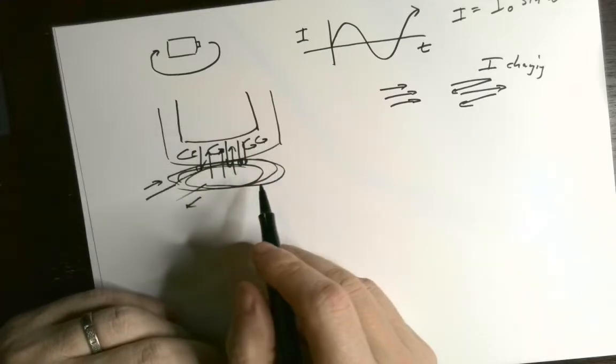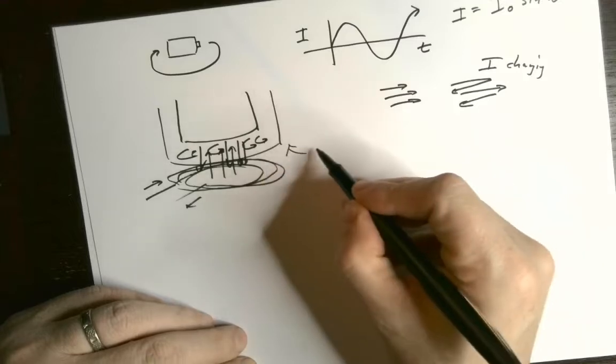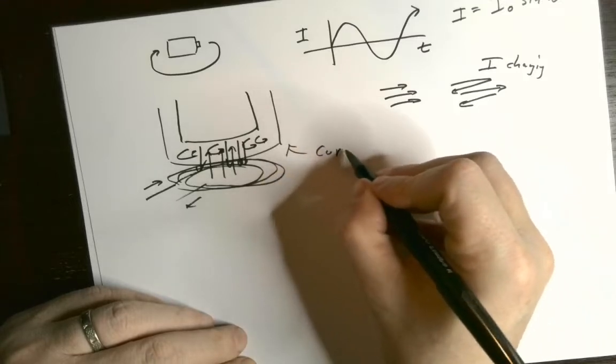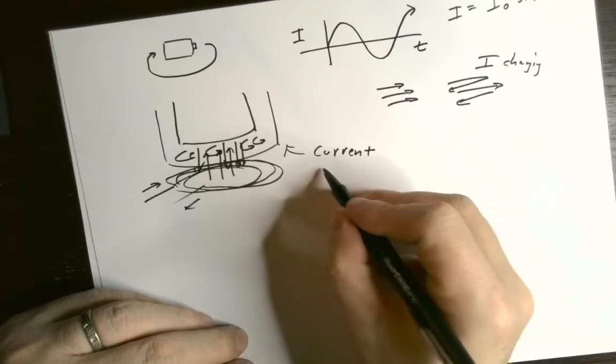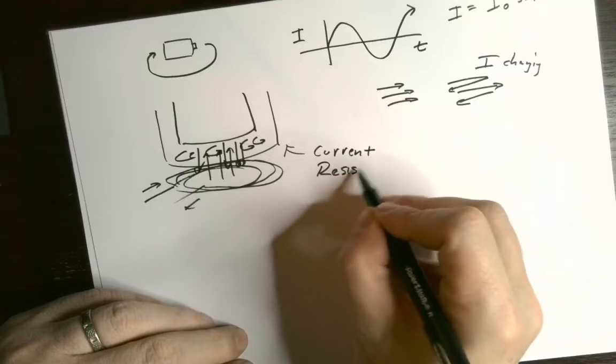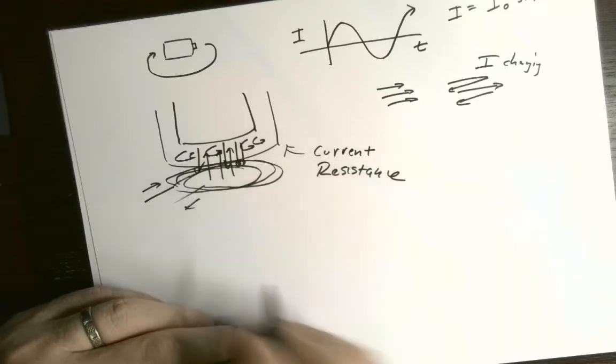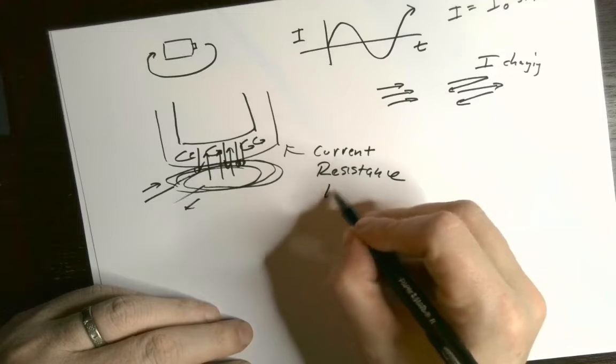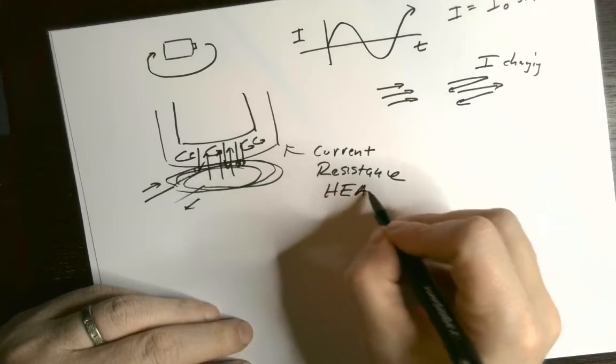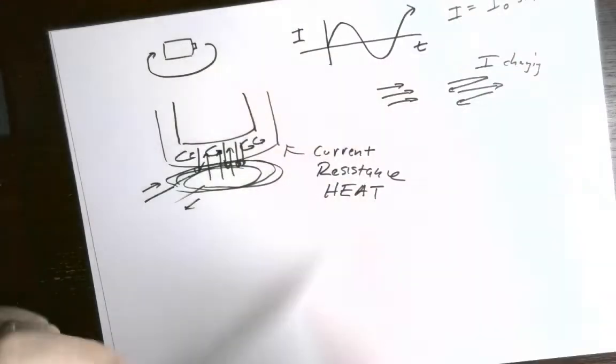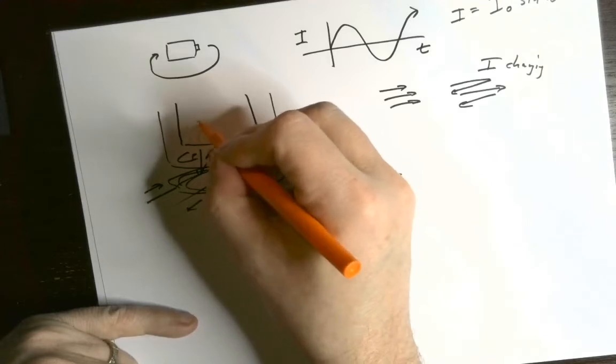And when you create a current in a metal that has resistance, that energy is dissipated somewhere, and that energy is dissipated as heat. And this metal will actually get hot.